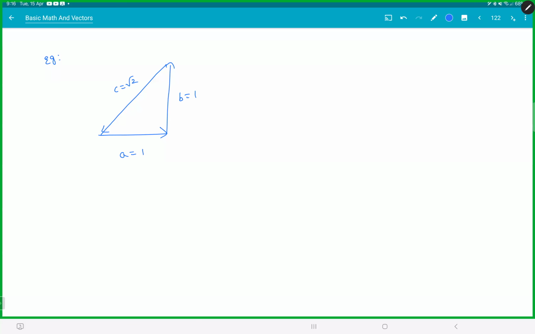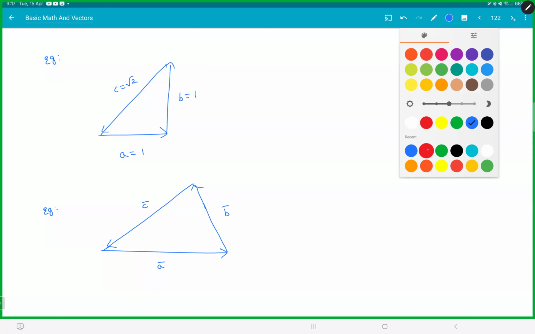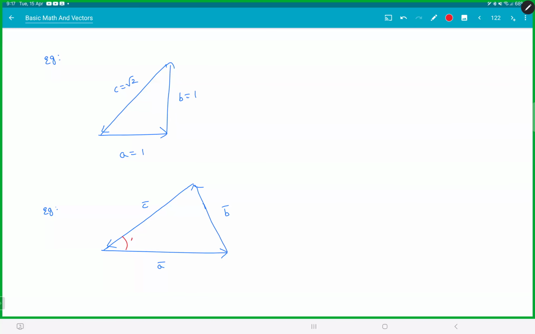Now what are the angles between them? Find the angle between them.